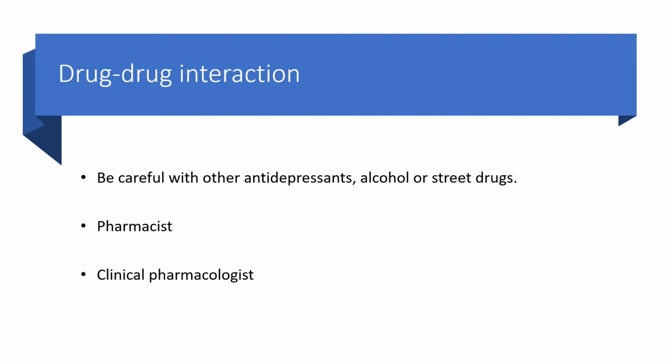In fact, should be the first person to be contacted. When you think you are using a particular drug and you want to place the same patient on SSRI, or the patient is already on SSRI and you want to use another drug, contact the psychiatrist, the pharmacist, clinical pharmacologist, and of course your own discretion.